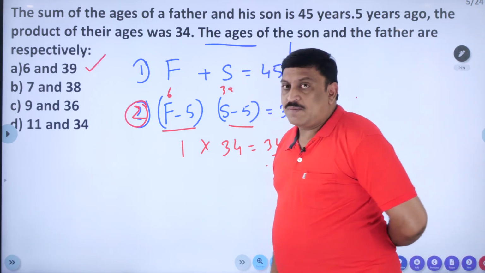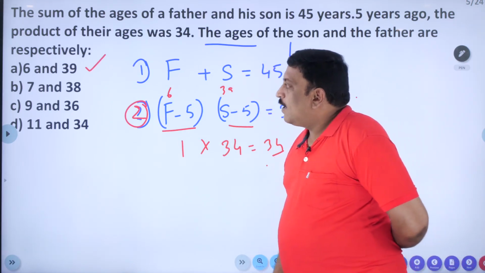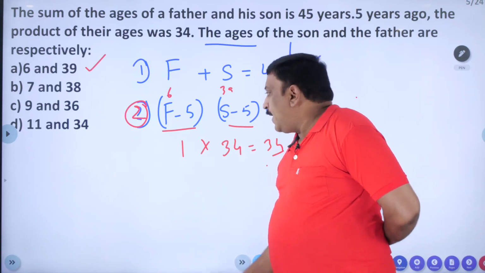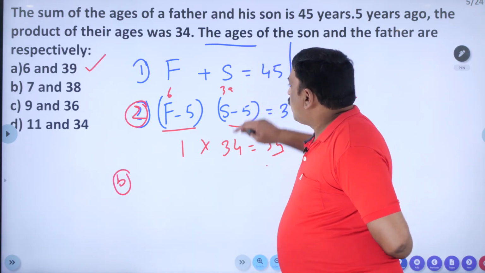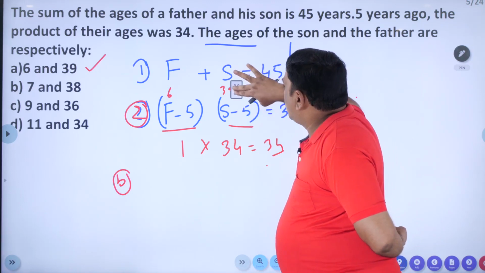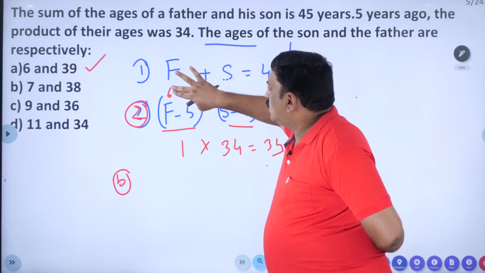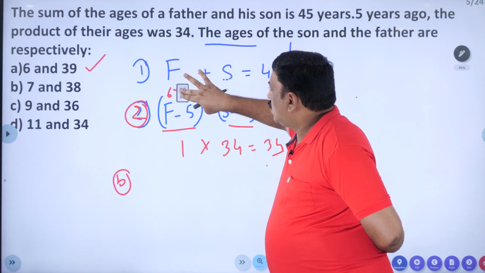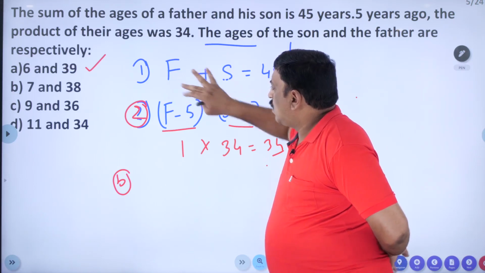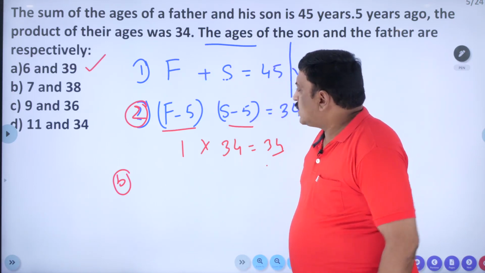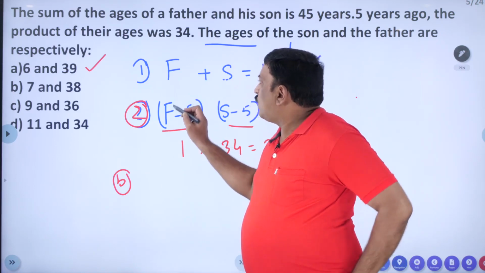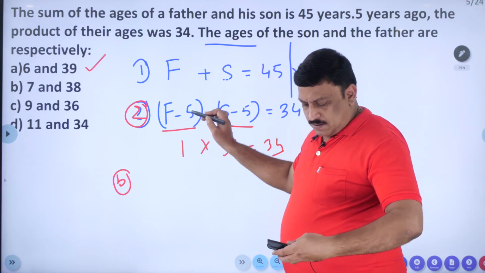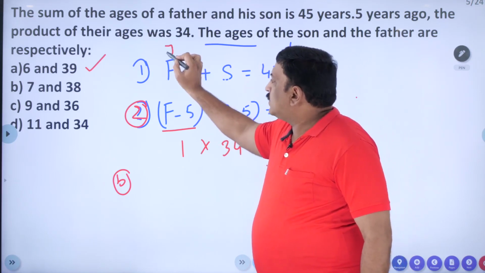Suppose you are not that lucky, then let us go with the second, that is B. B is 7 and 38. Now the father is 7 and the son is 38.